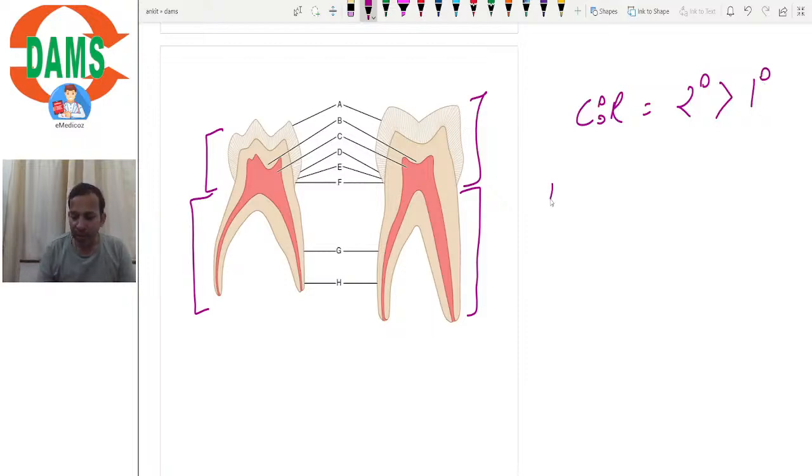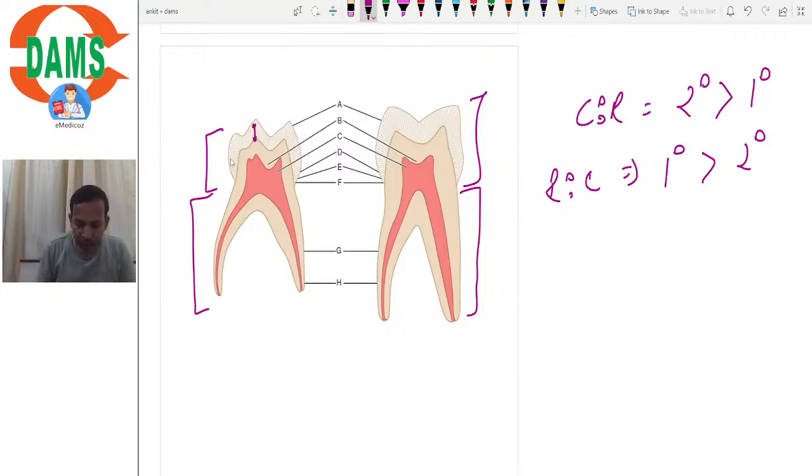Whereas the roots appear longer in the primary. The crowns appear larger in permanent.